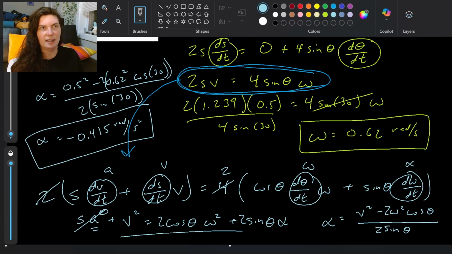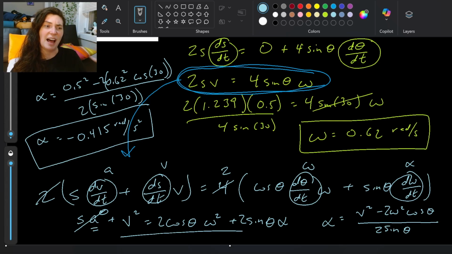What is a negative angular acceleration? In this case, really all that means is that our angular acceleration is in the opposite direction of our angular velocity. So our angular velocity is swinging out one way, but it's decelerating. It's getting slower as that window is opening here at the 30-degree mark.